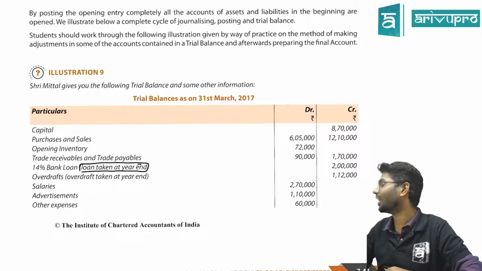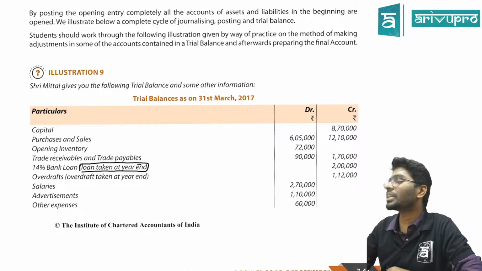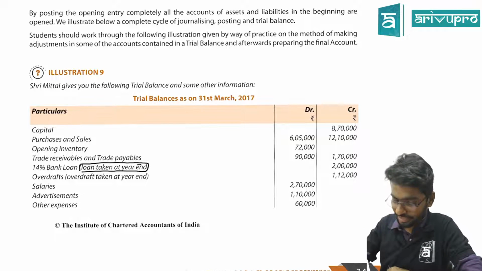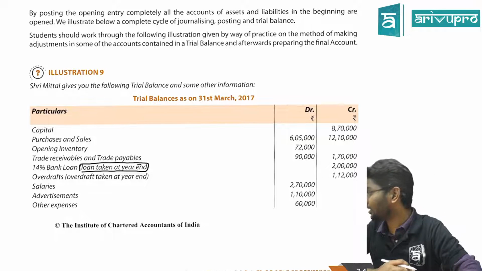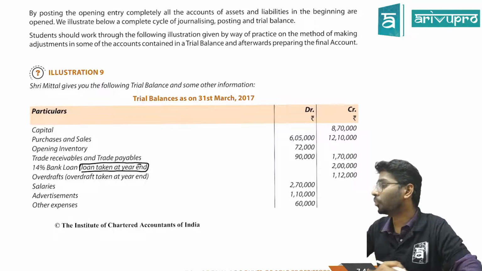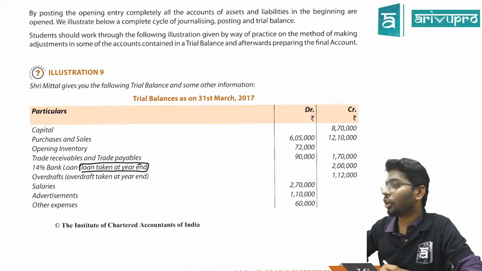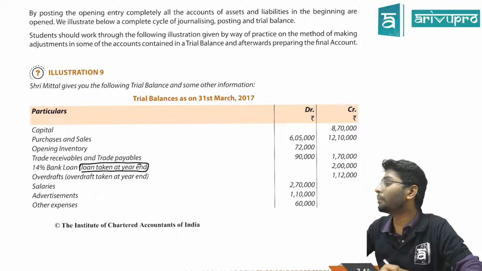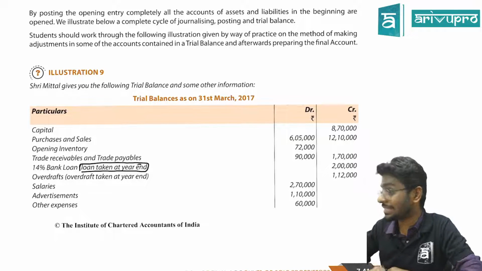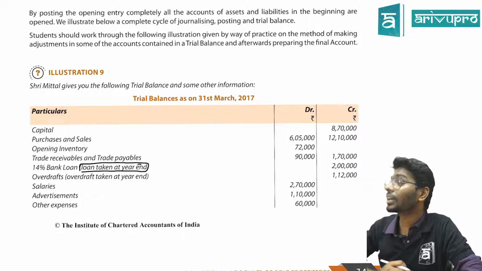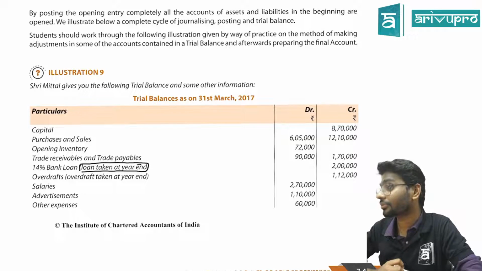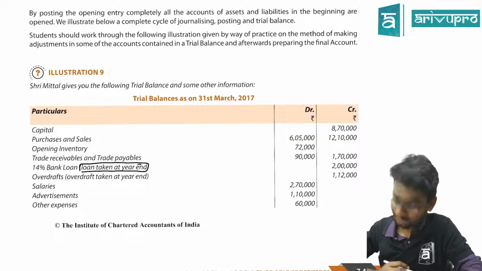Listen. 14% bank loan at the end of the year. Why is this important? Because there is no interest to be paid. Remember this: if this is not given, it is compulsory to charge interest. Are you clear?